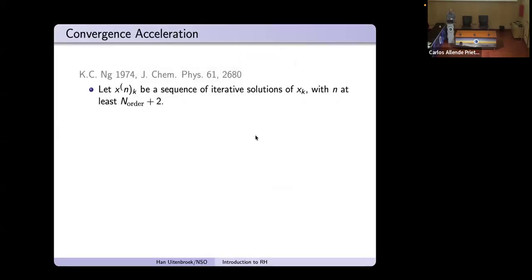To even improve on that, the code also implements what is called NG acceleration. It is a method that is not aware of the physics, but it's really a mathematical trick: if you have a series of solutions that obey the same physical principles, then you can find an optimal extrapolation for your next guess.